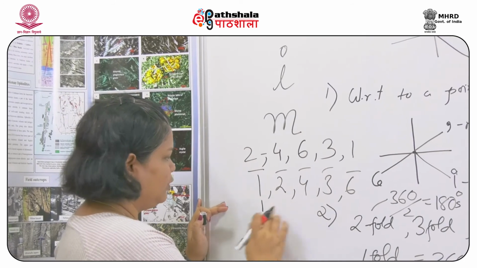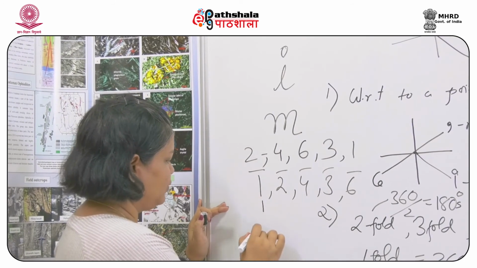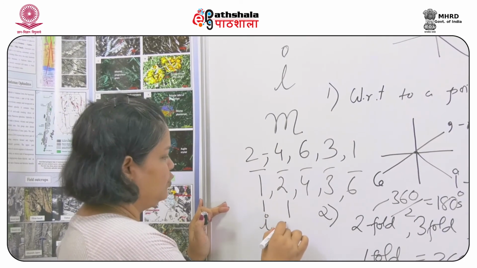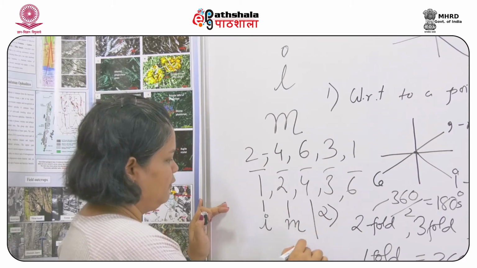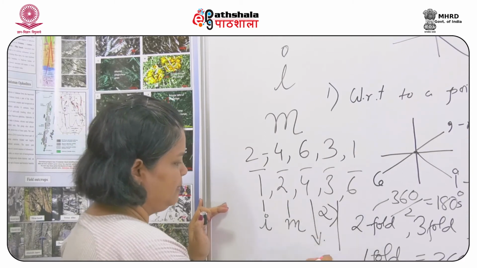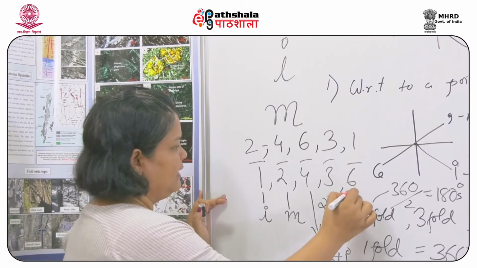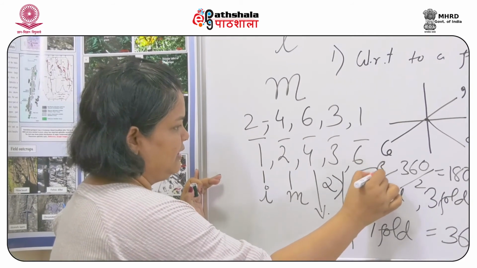Then we have the mirror plane, designated by m, and the center of symmetry, designated by i. Here, the roto-inversion axes 1 bar, 2 bar, 4 bar, 3 bar, and 6 bar also have equivalent symmetry positions. For instance, 1 bar is equivalent to i, 2 bar is equivalent to m, 4 bar is unique, 3 bar is 3 plus i, and 6 bar is nothing but 3 by m.